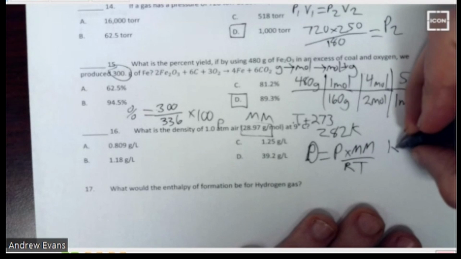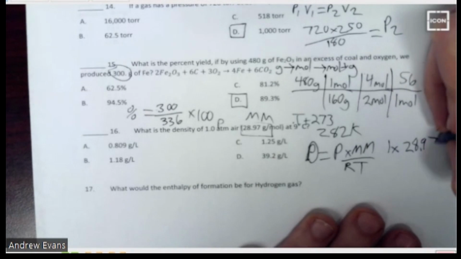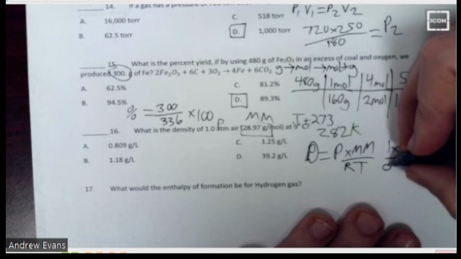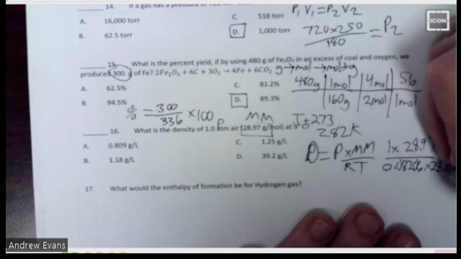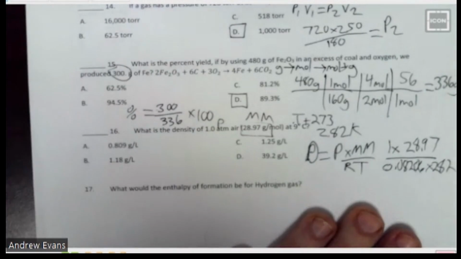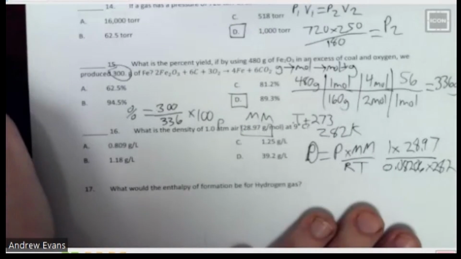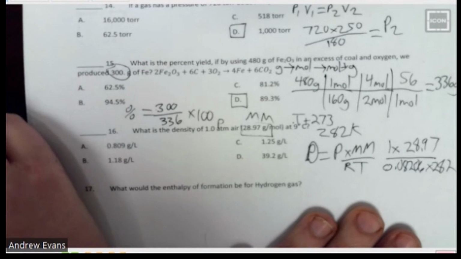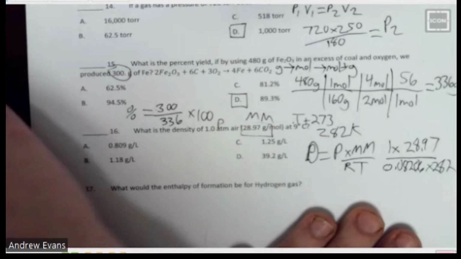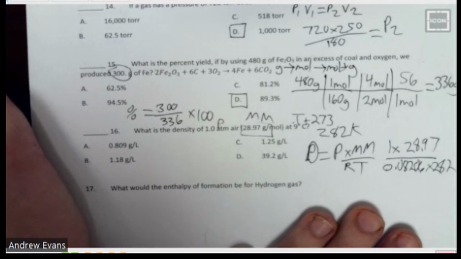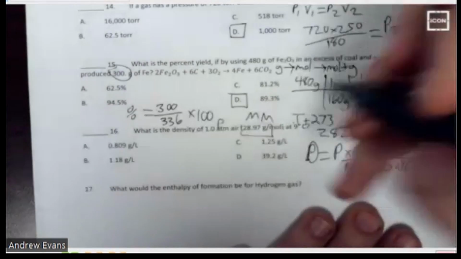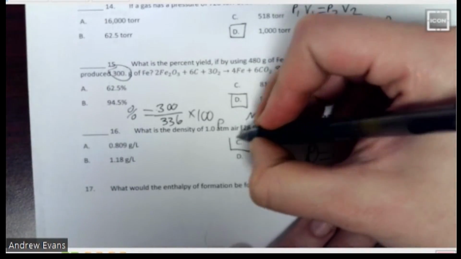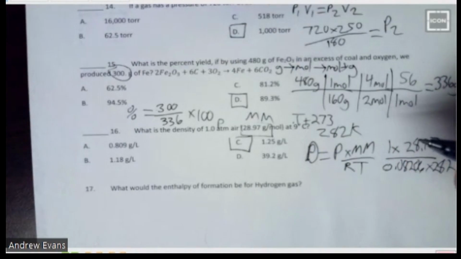So density is 1 times 28.97 divided by R, 0.08206 times 282. So do that, you get something like, I goofed up. Okay, there we go. 1.2518, which rounds to 1.25.